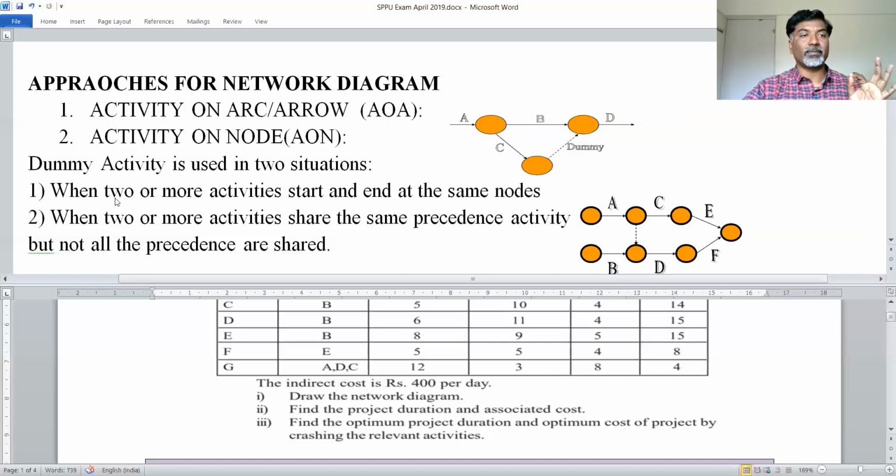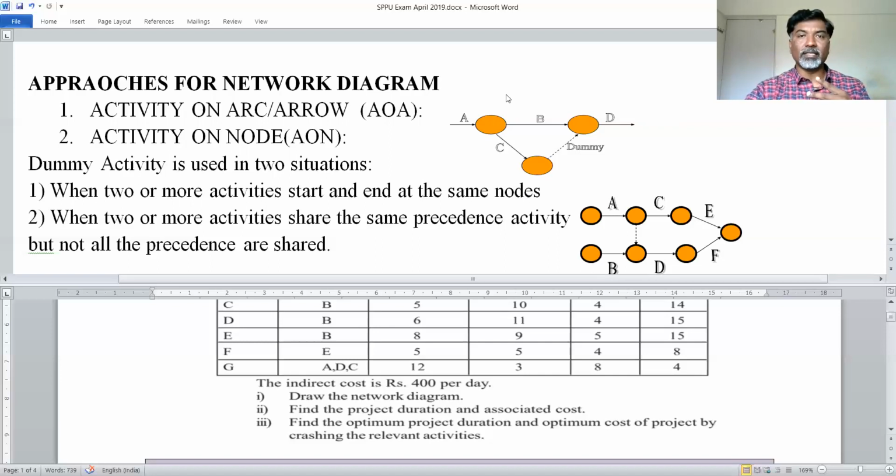In a network diagram, there is a rule that there must not be two activities having the same starting node and the same ending node. If two activities have the same starting and ending node and you want to draw that, you have to use a dummy node.